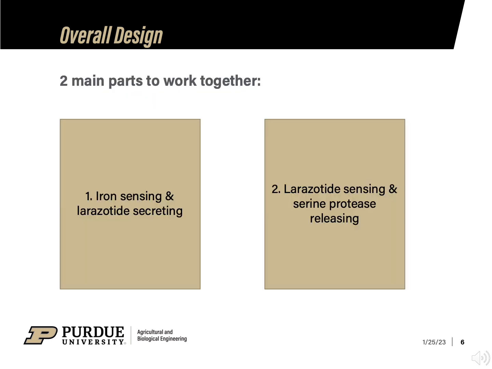Shown here is the overall design concept of our engineered probiotic. In general, we wanted something that would react to gluten and then produce a protein to then break it down, specifically the subcomponent gliadin. What we found, however, was that there were not any promoters that directly sensed gluten, as gluten as a whole complex is a very large molecule and would not be getting into E. coli to interact with a promoter directly.